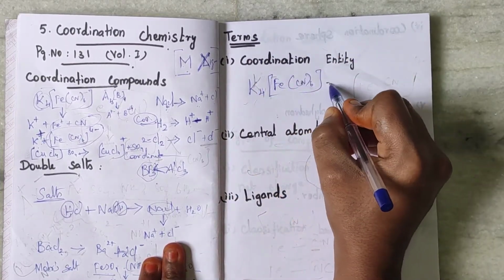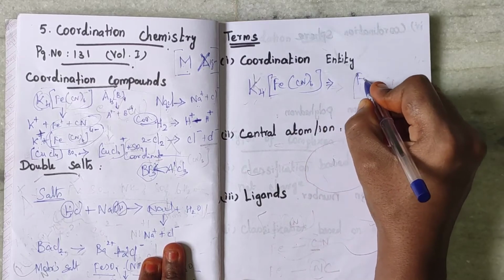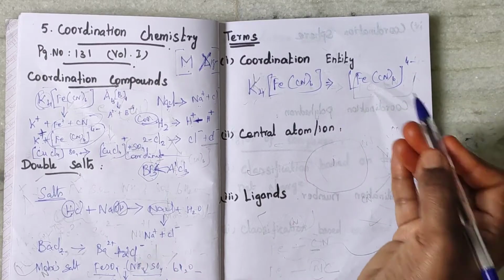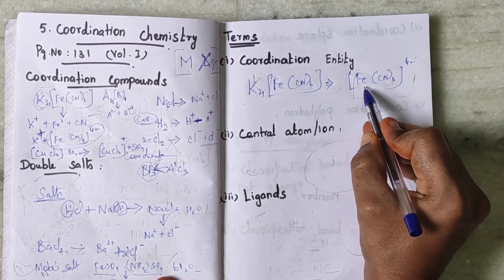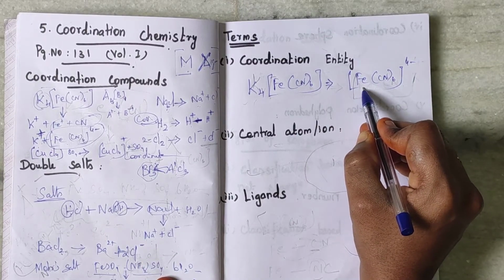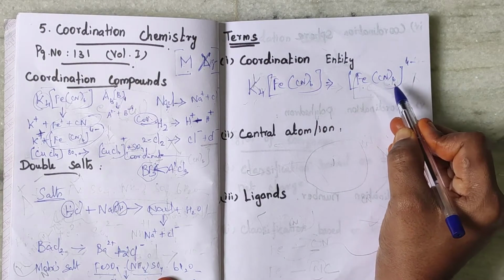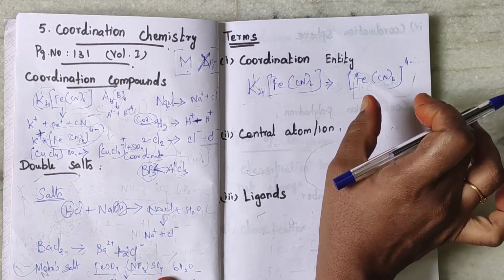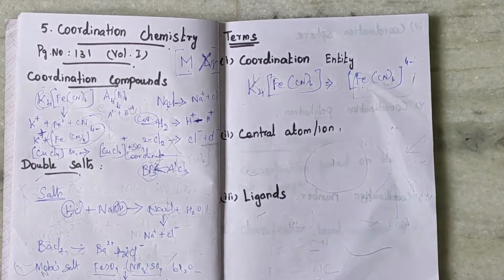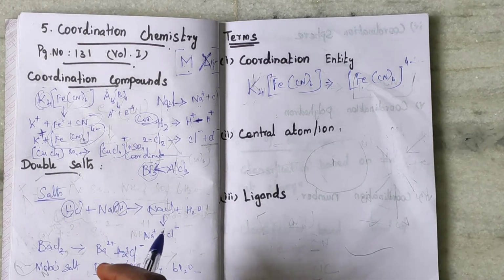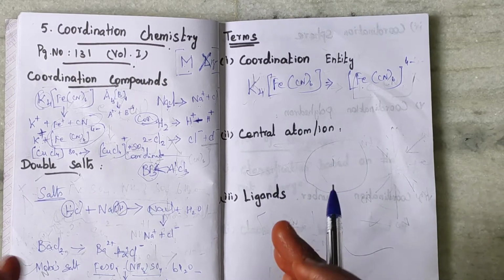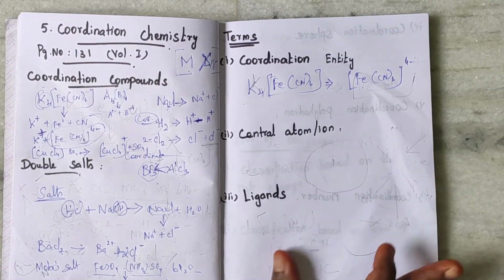Here, the complex is Fe(CN)6 4 minus. What do you understand here? This metal atom is attached with ligands, that means the group of ions or atoms enclosed in the square bracket is the coordination entity. The central atom, like a metal, attached with ligands, like ions or neutral molecules, enclosed in square bracket is the coordination entity.